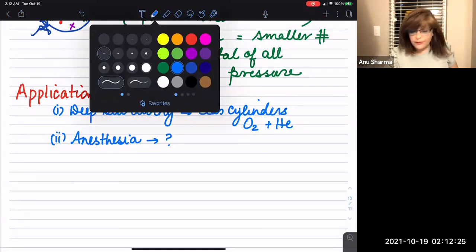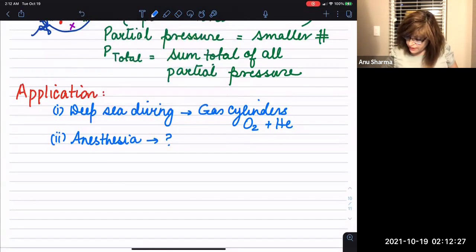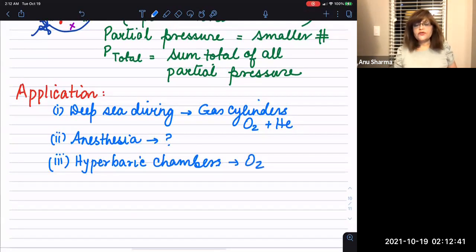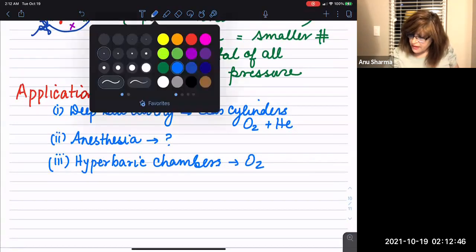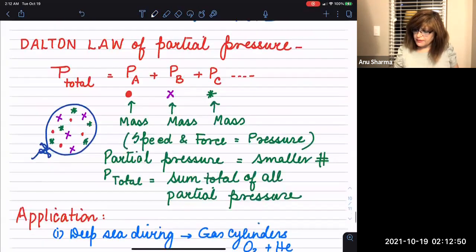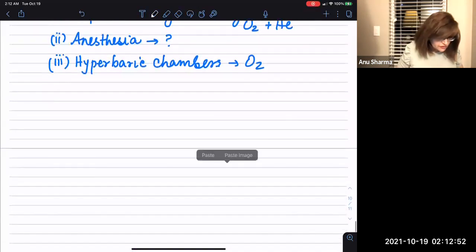Hyperbaric chambers is another one, where they are giving oxygen to the patients, because there are other gases also, but how much of that oxygen should be given, all that comes through this law. It looks simple, but let's look at this now.